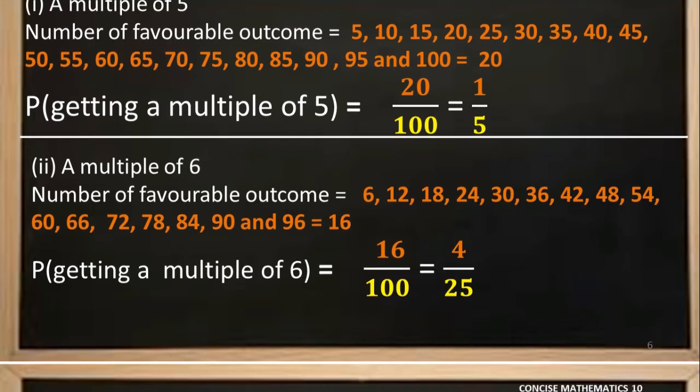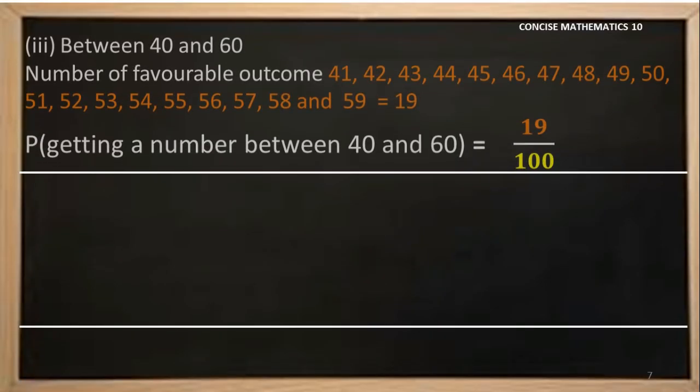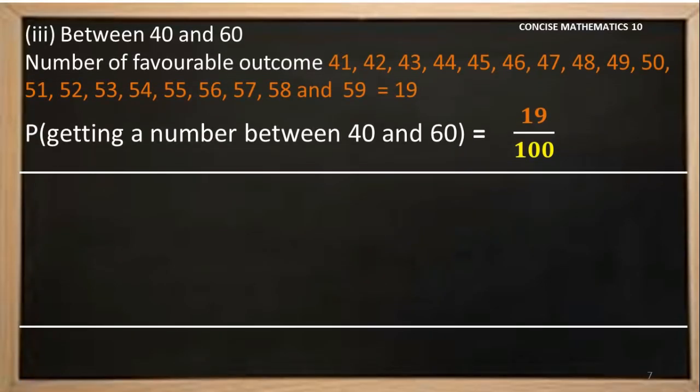And the sub question 3, it is between 40 and 60. Here also note this, children: when it is worded between 40 and 60, then we need to exclude the first and last number. That means in this example, I need to take a number counting from 41 and I should stop by 59. If it is from and to, that is the other case.